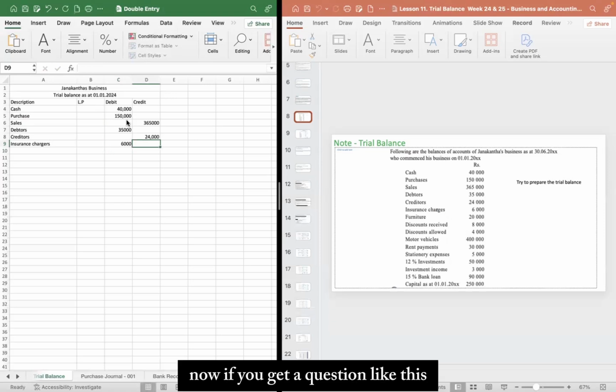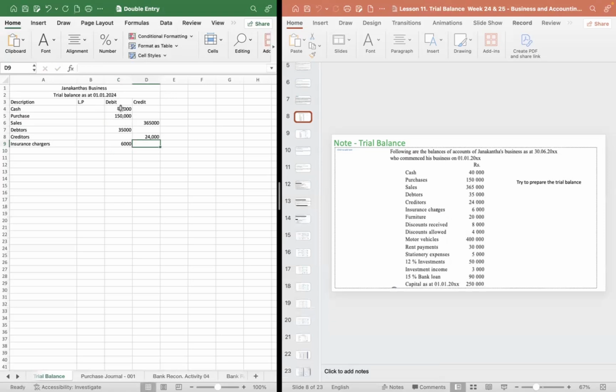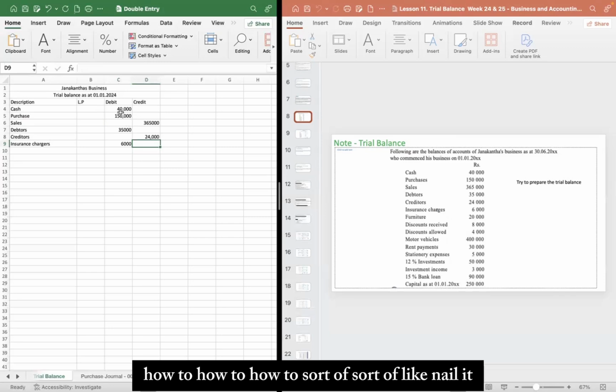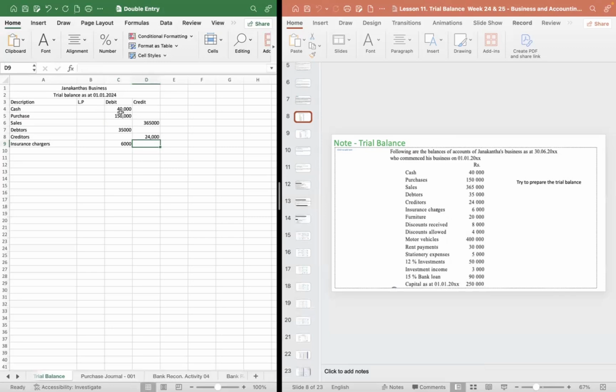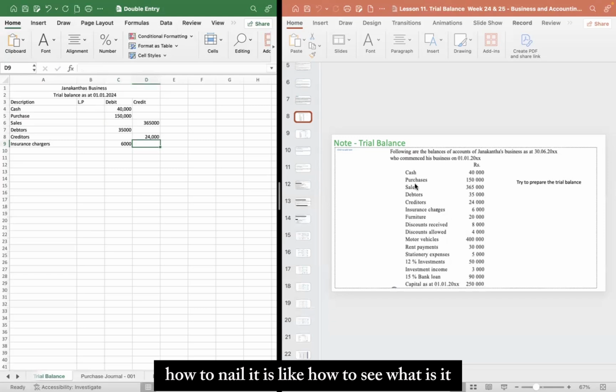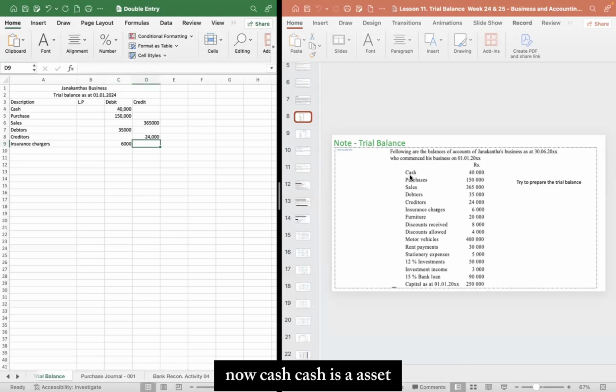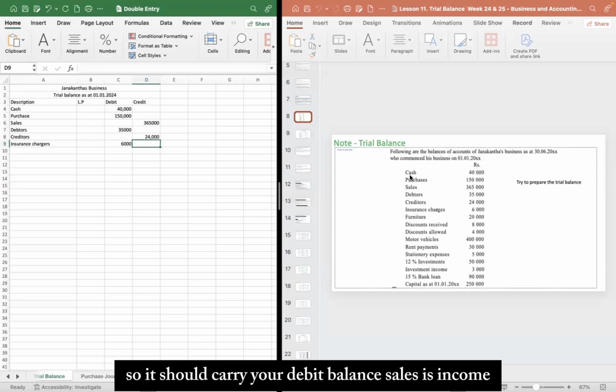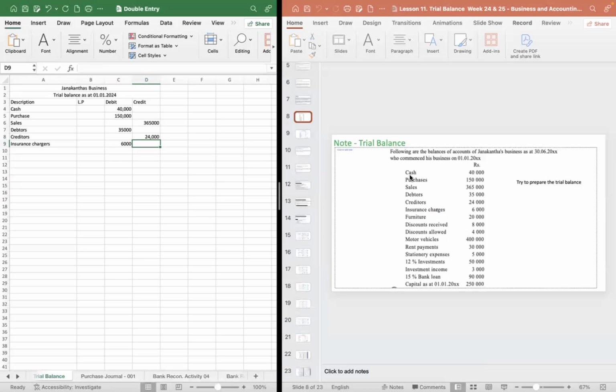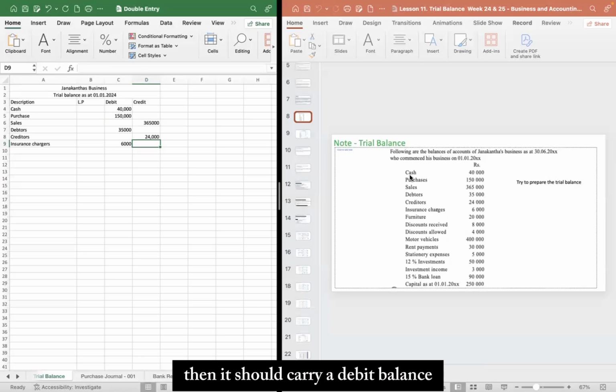Now, if we get a question like this, how do we nail it? You have to see what each item is. Cash is an asset, so an asset balance is a debit balance. Purchases is an expense, so it should carry a debit balance. Sales is an income, so it should carry a credit balance. Debtors is an asset, so a debit balance.